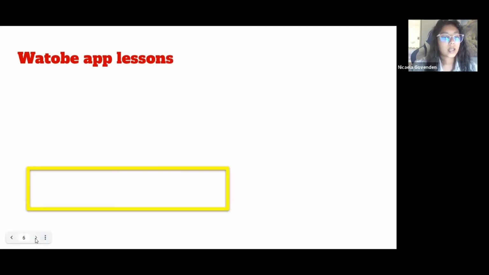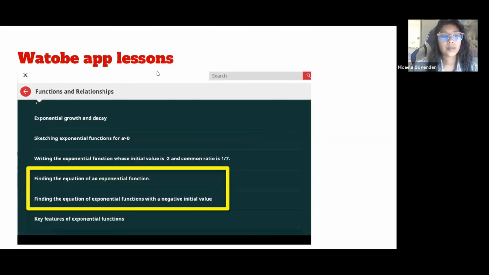Once you get there, it's going to be finding the equation of an exponential function and finding the equation of exponential functions with a negative initial value. I'm going to leave this up if you want to quickly take pictures or screenshot, or maybe just write it down.